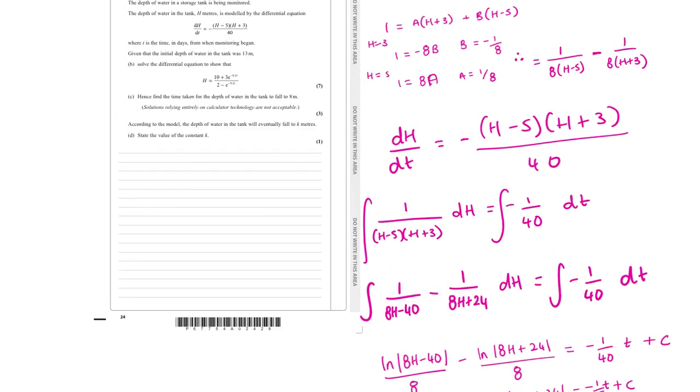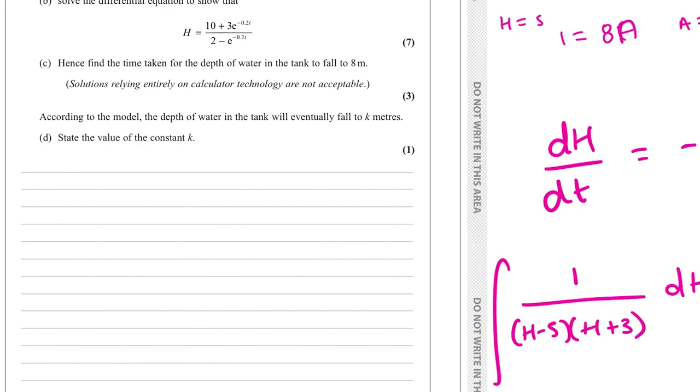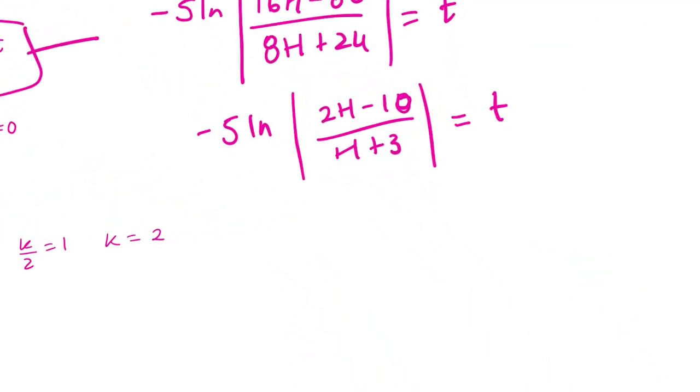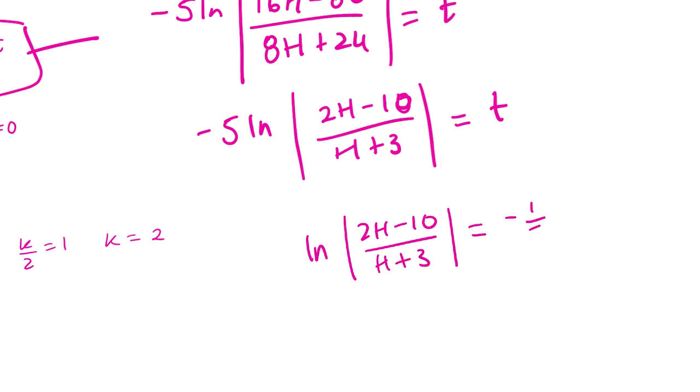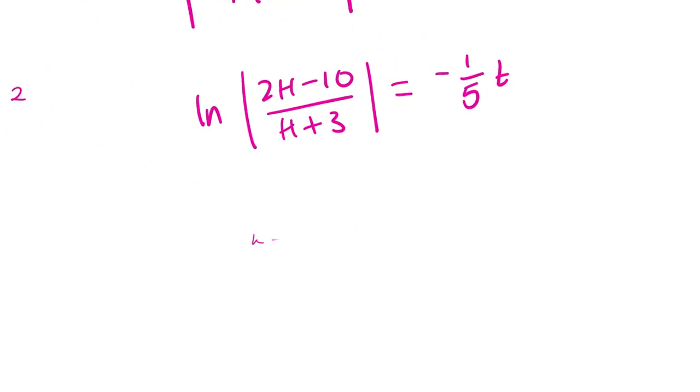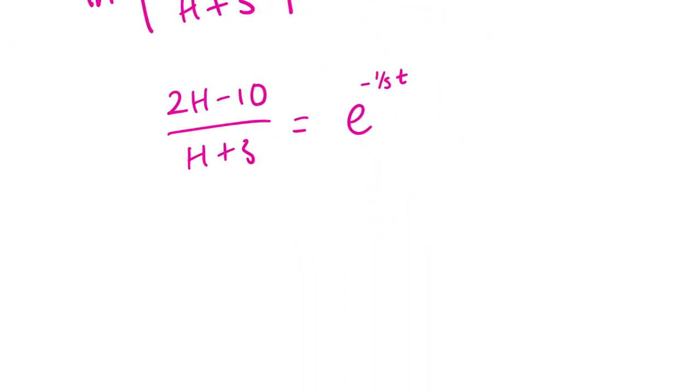So now I need to find what h equals. Right, so now I divide by negative 5 again. So I'm going to get ln of 2h minus 10 over h plus 3 equals negative a fifth of t. So now I can e both sides to get rid of the ln. So 2h minus 10 over h plus 3 equals e to the power of minus a fifth t.